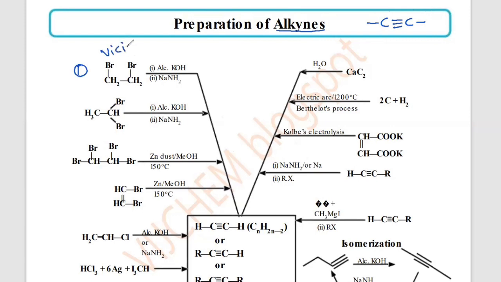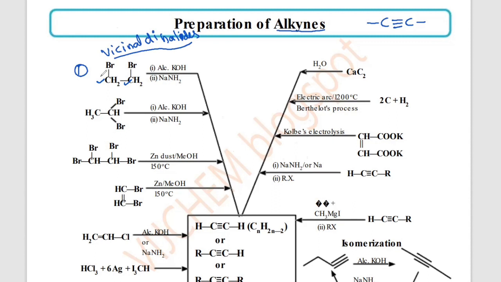This is called vicinal because two halogens are on adjacent carbons, that's why di, and halogens are there, that's why vicinal dihalides. The first preparation method is by using the vicinal dihalides. Wherever you want the triple bond to be present, at that place our halogen should be available.